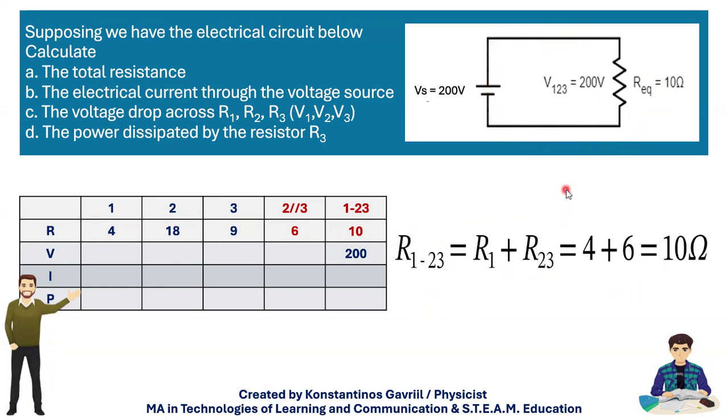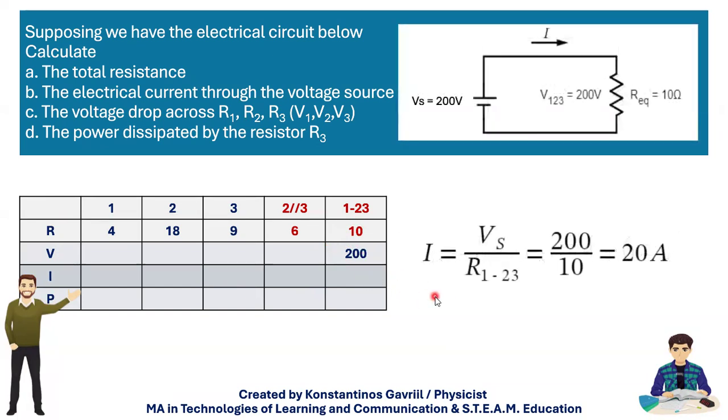Now, how are we going to continue? We go vertically here and we see that we have 10 and 200. We have the two values of V and R, and we can find the third one. If I have vertically, in a perpendicular direction, two of these three values, R, V, and I, I can find the third one.